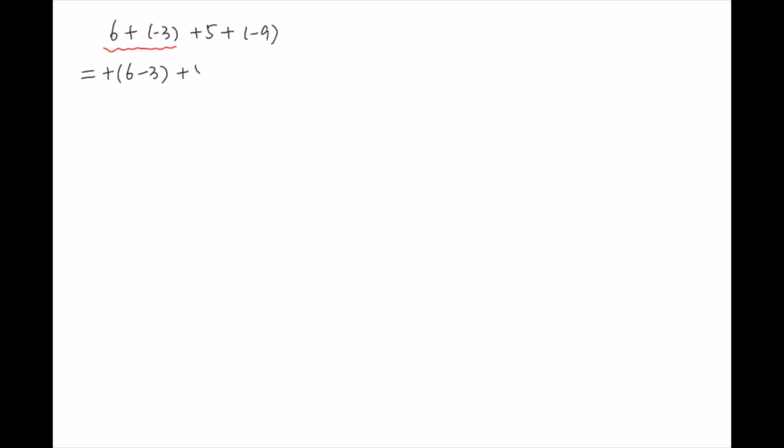And then plus 5 plus negative 9 equals 3 plus 5 plus negative 9. 3 plus 5 is 8 plus negative 9. Now here's the summation of two numbers with opposite signs. The difference between their absolute values is 9 minus 8, and the negative number has the greater absolute value. So we prefix the negative sign. We can get negative 1.